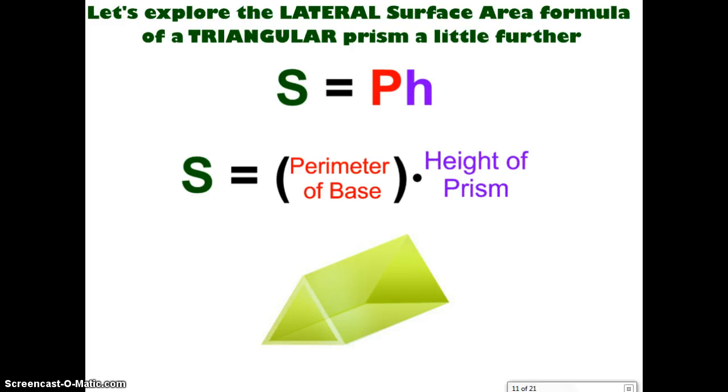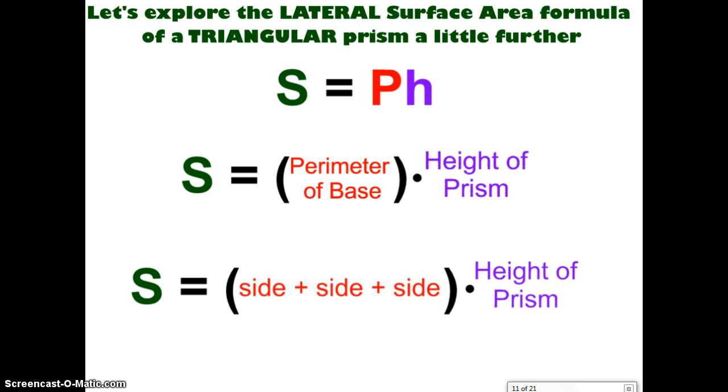We're now going to explore lateral surface area with a triangular prism. This formula is the same formula, S equals pH, because we're still talking about a prism, even though we're talking about a triangular prism. P still stands for perimeter of the base, and H still stands for the height of the prism. Perimeter of a triangle is side plus side plus side.